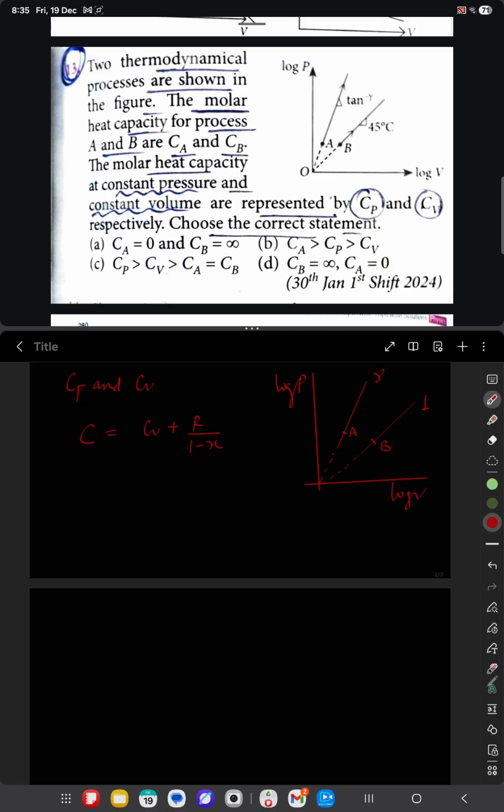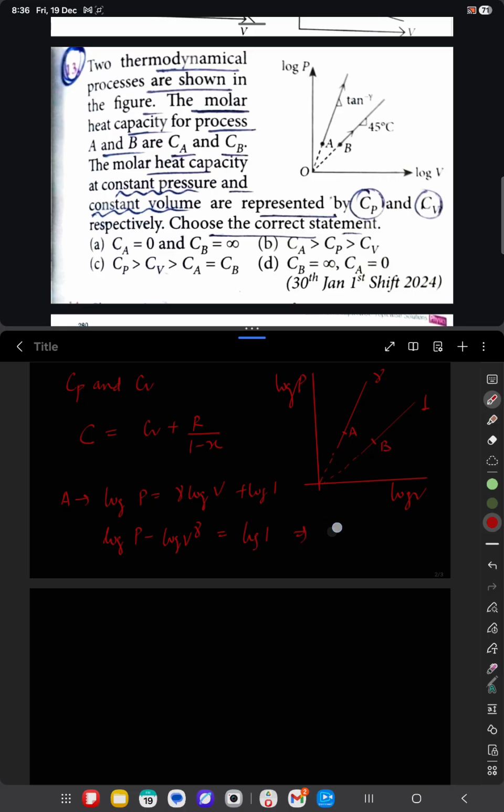So in the first process, process A, as it is given, log P equal to gamma log V. So log P minus gamma log V, or log of P by V to the power gamma equal to log 1, because log 1 is 0.